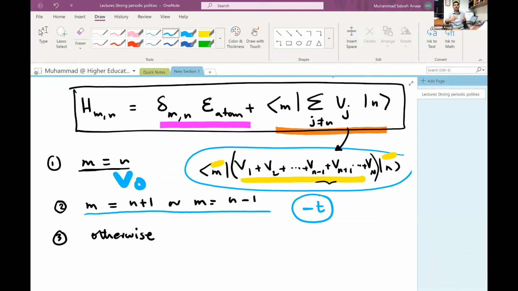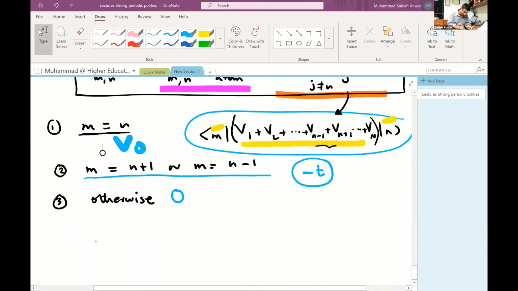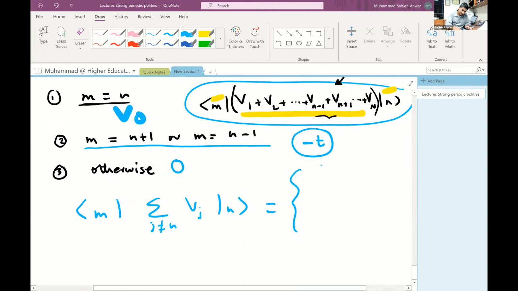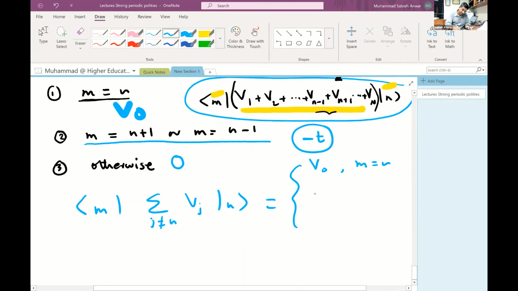So second nearest neighbor, third nearest neighbor hops are not allowed. So this term is 0. If I would like to summarize all of this, it has 3 possibilities. Either it's V naught when m equals n, or minus t when m differs from n by 1 unit, and 0 otherwise.